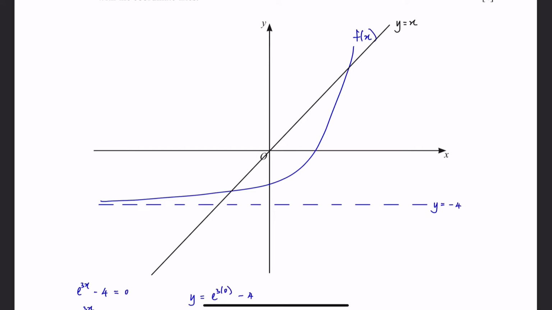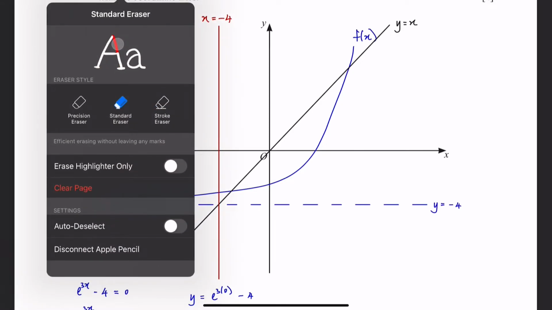So the reflection of f(x) over y equals x would be something like, okay, first we need to know that now x equals negative 4 would be our asymptote for f inverse.